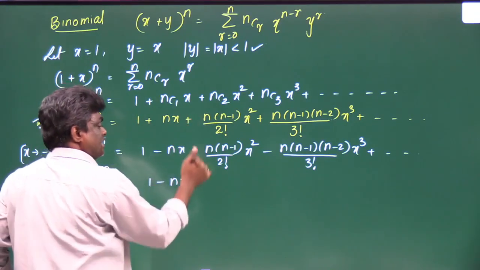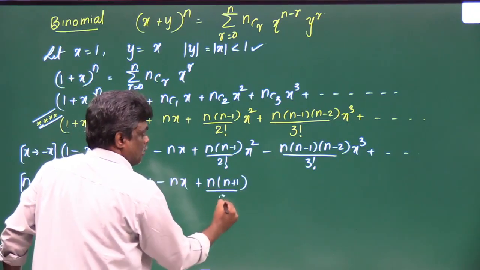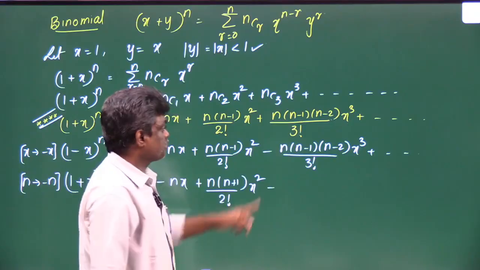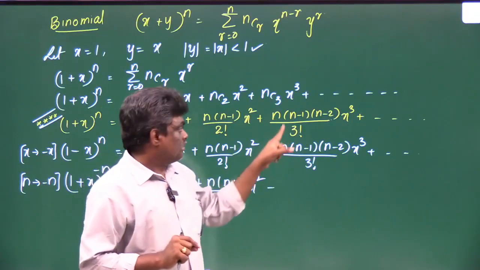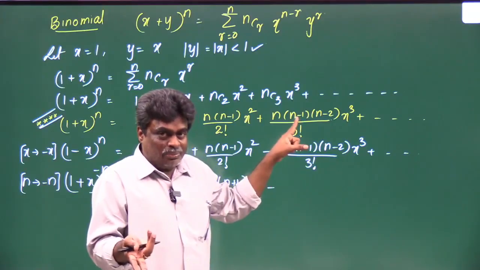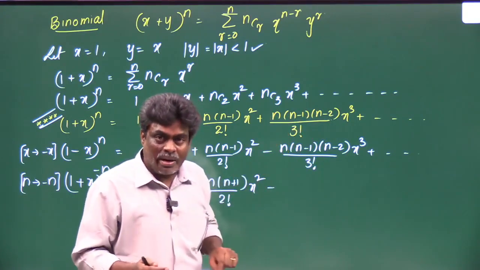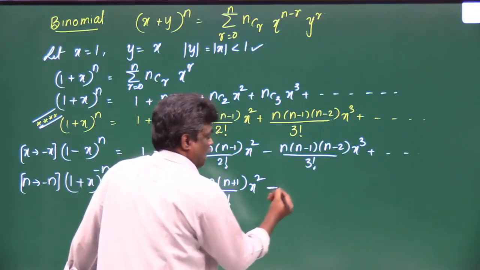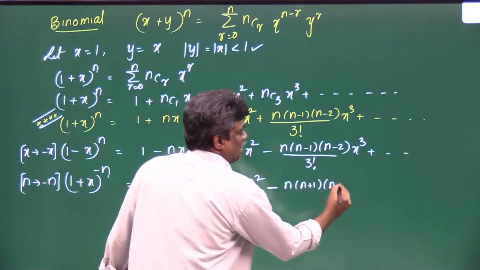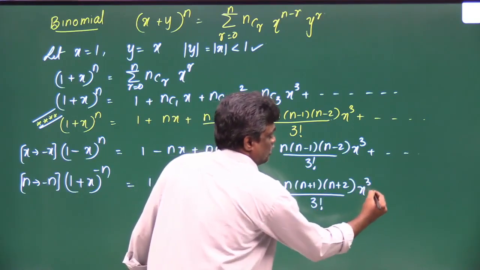Already one minus is there, plus n into n plus 1 by 2 factorial x square. Next, minus n minus 1 minus n minus 2, so taking minus common, already one minus is there, that's why minus n into n plus 1 into n plus 2 divided by 3 factorial x cube plus so on.